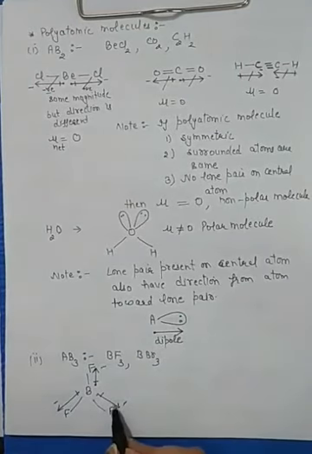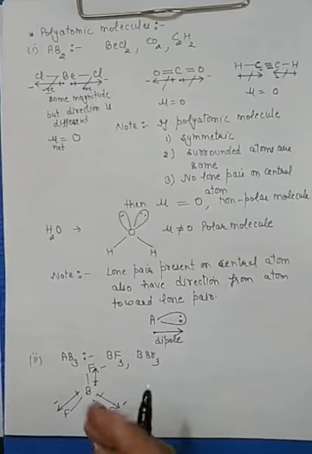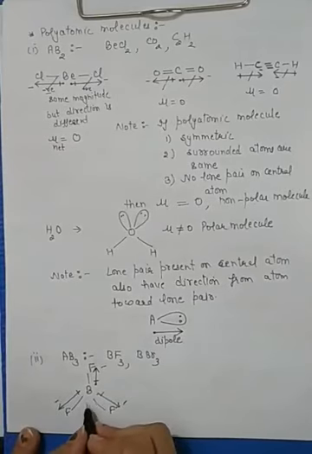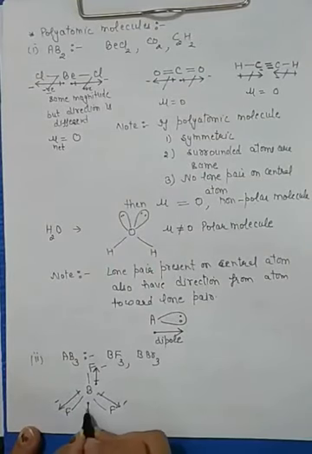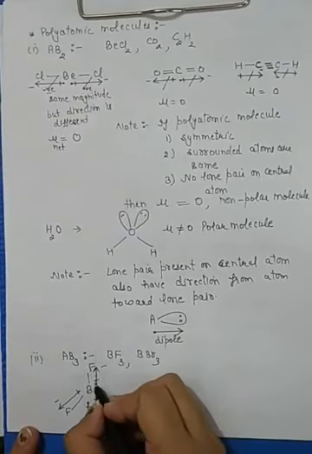These two lower bonds point in the downward direction, so if we calculate their resultant, it is overall in the downward direction with the same magnitude as the upper bond.